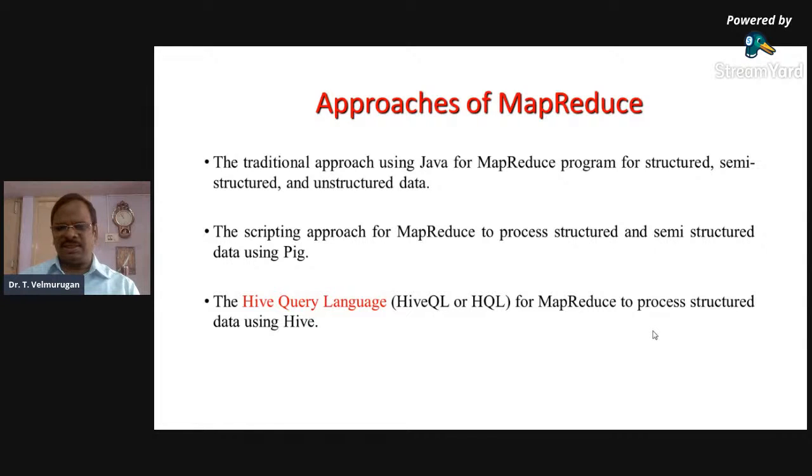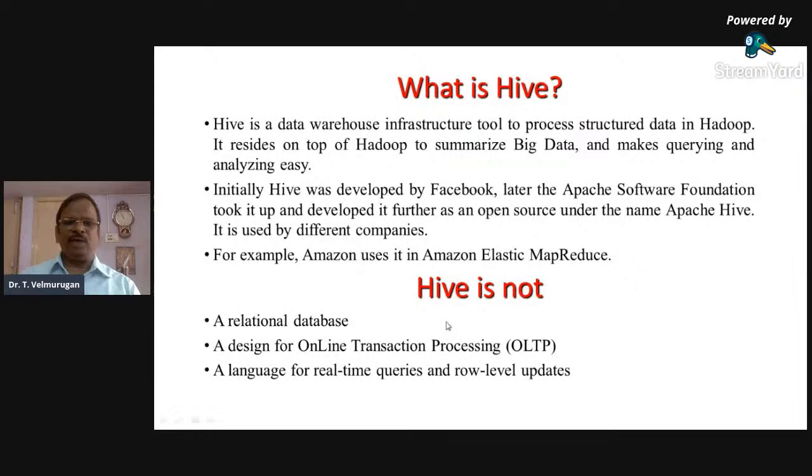Unstructured and semi-structured data cannot be analyzed by means of the Hive query language, HQL. So these are some approaches in which Hive query language is the main component of MapReduce. Now we want to discuss what Hive is. It is a data warehouse infrastructure tool to process structured data in Hadoop.